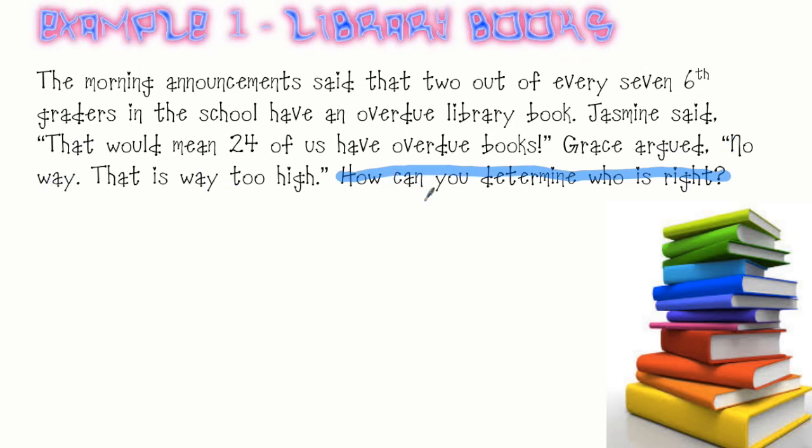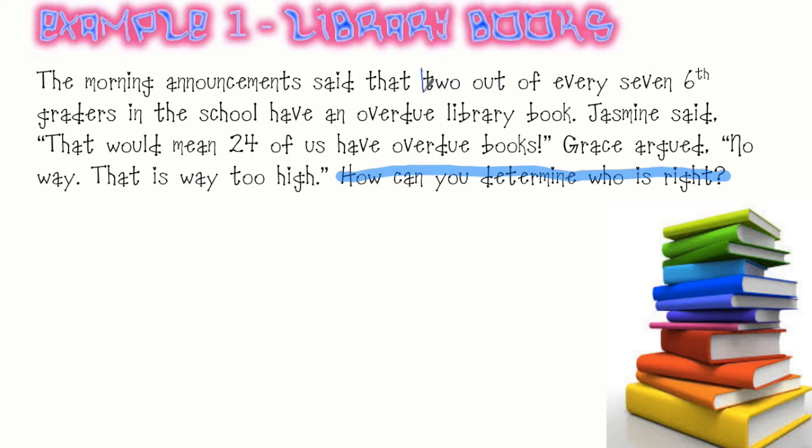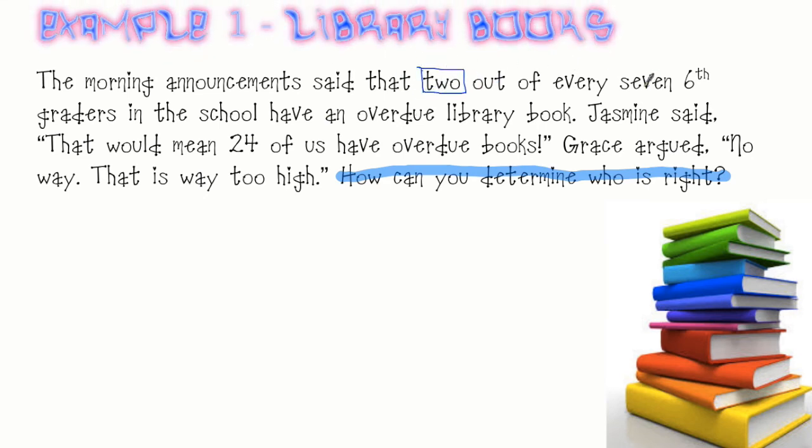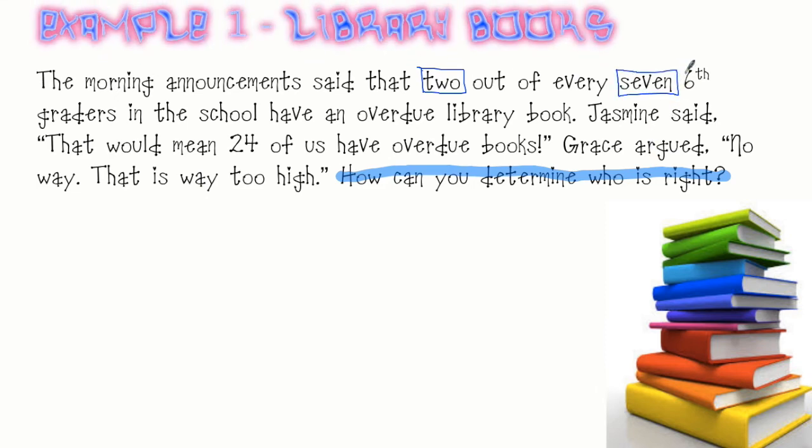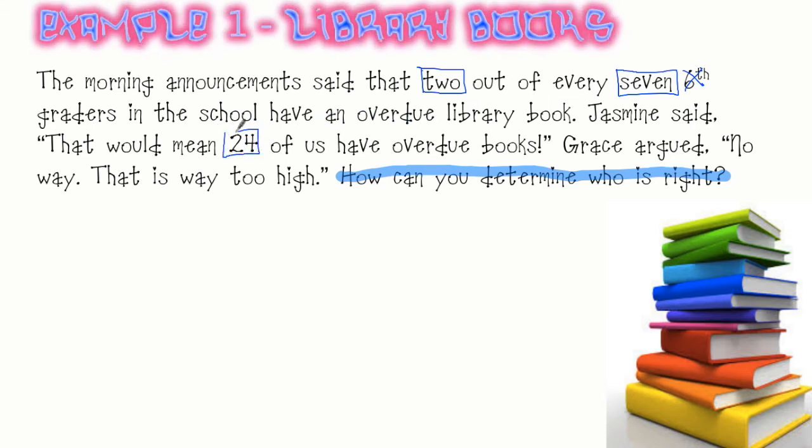All right, so let's look at the important numbers here. It would be important to note that 2 out of every 7. Okay, now 6, even though it's written in number form, that is not important. That just tells us that we're talking about 6th graders, so that's not an important number. Okay, and it is important to know that 24.